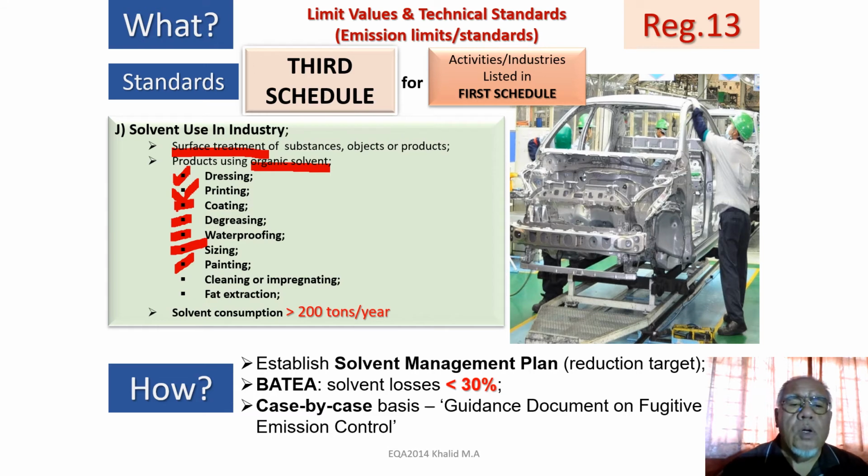Others are cleaning, like probably in metal fabrication, cleaning or impregnating, even in metal stamping. After you have done metal stamping, you have got to degrease the parts. Same thing in cleaning, or even in semiconductor and electronic factories, they use solvents like isopropyl alcohol, butanol, propanol, and it depends on the product and the purpose of the solvent.